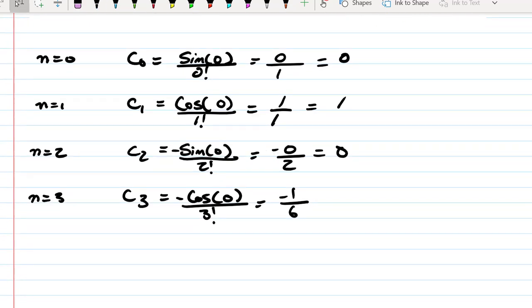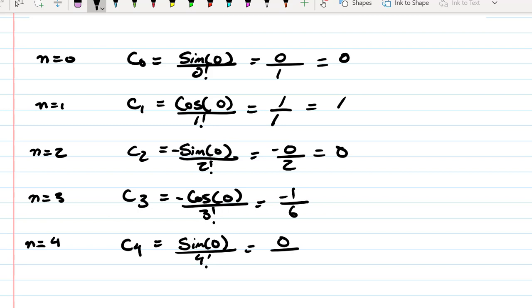And we keep going. And we have n equals 4. We have c sub 4. The derivative of negative cosine is back to positive sine. And that would give us sine of 0 over 4 factorial. And the sine of 0 is 0 over 4 factorial, which is 24. That gives us 0. But we'll also notice that we've come full cycle.